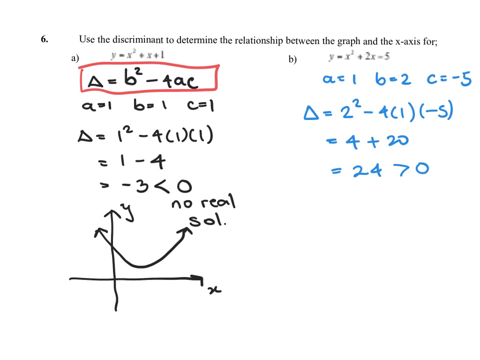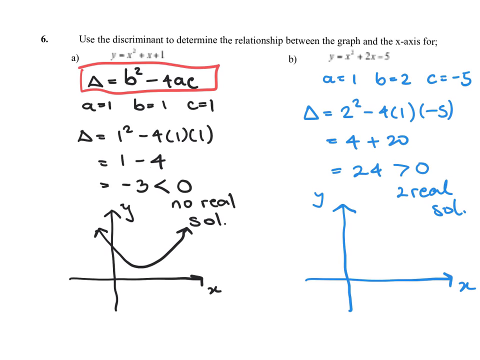So we do know when the discriminant is bigger than 0, because we have solved quadratic equations before using the quadratic formula, and we have seen how it looks when we have two solutions. So this is going to give us two real solutions.